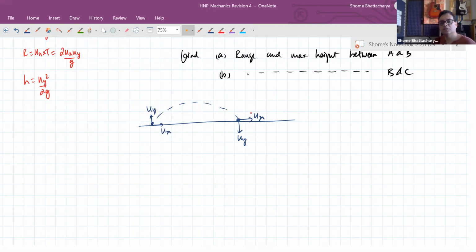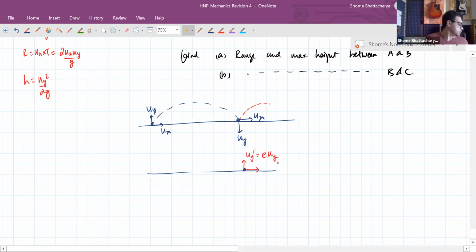So after this, when it goes into projectile again, after the bounce, the projection velocities become such that this becomes e times uy, whereas this remains conserved.